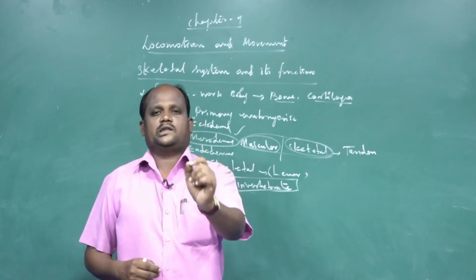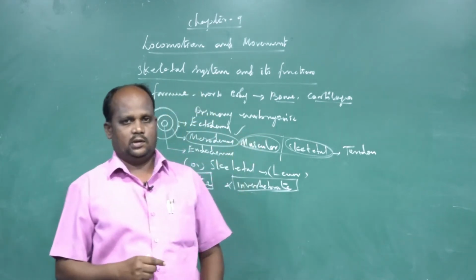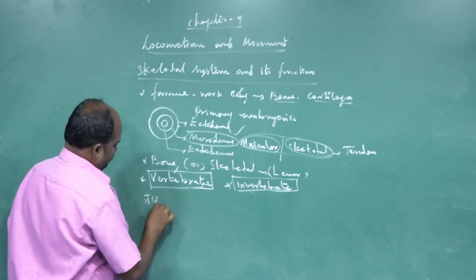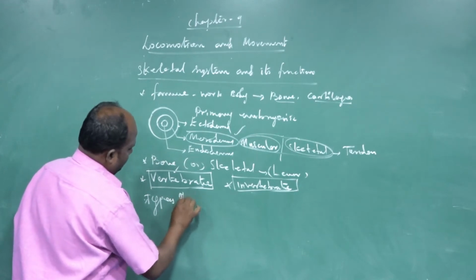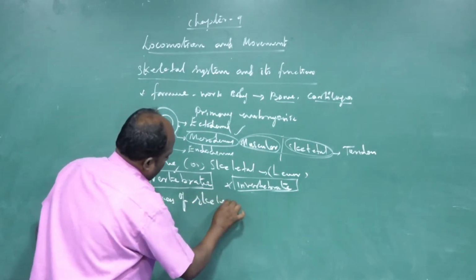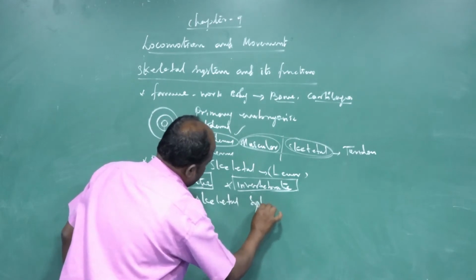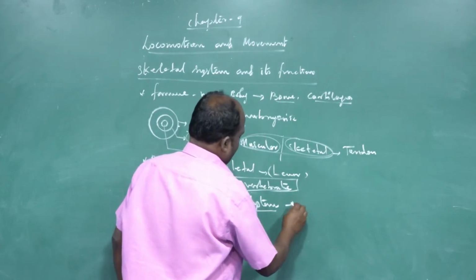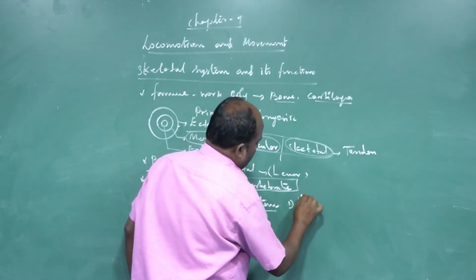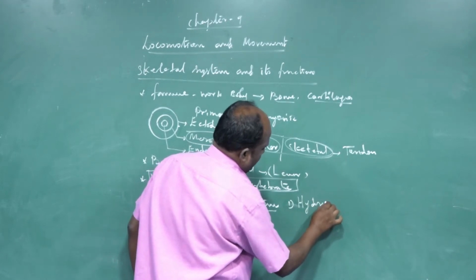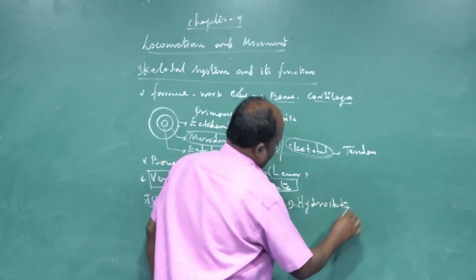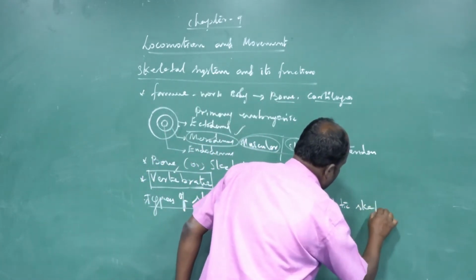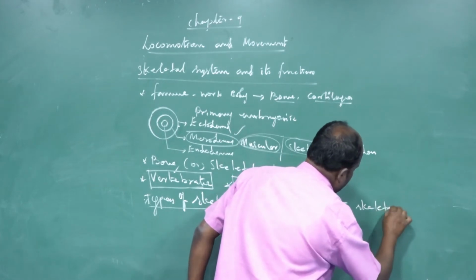Three types of skeletal systems are present in all the animals. Listen, one is the hydroskeleton, or hydrostatic skeletal system.